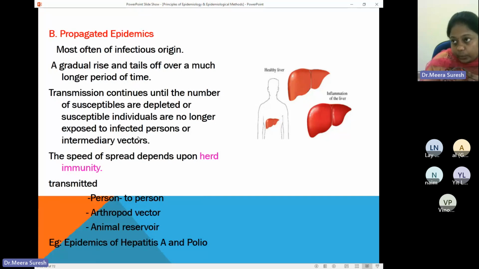Until then, the transmission will be there. So that is the meaning. The transmission continues as long as susceptibles are there, and once the susceptible individuals are no longer exposed to the infected persons or intermediary vectors, then also it will stop. So the first condition is we wait until all the 20 people in that particular area get infected.